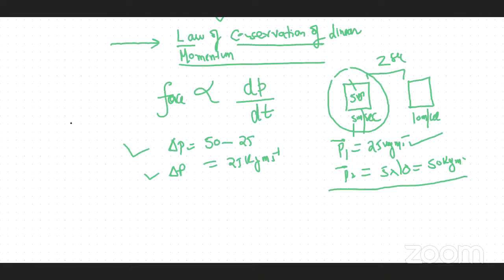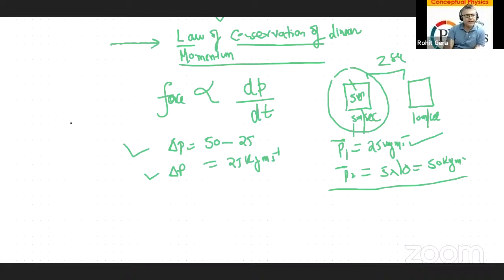How is the momentum written? P is equal to M into V. This is the amount of motion in a body. This is your linear momentum. The rate of change of linear momentum will give you the force.